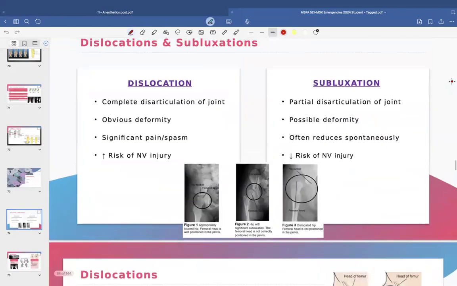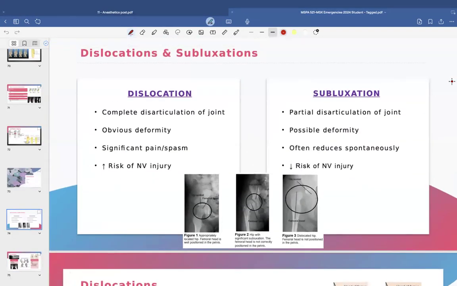Knowing what is dislocated or what is subluxed was helpful, and the difference between a dislocation and a sublux. A dislocation is when you're completely disarticulated from the joint. This is going to be pretty obvious on your x-rays, where you're just completely stuck out, where that femoral head is no longer in the acetabulum.